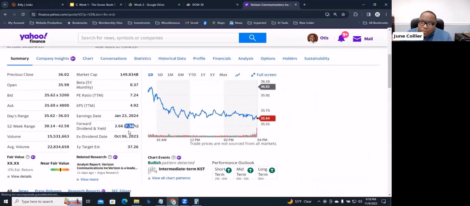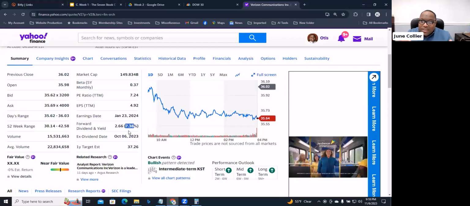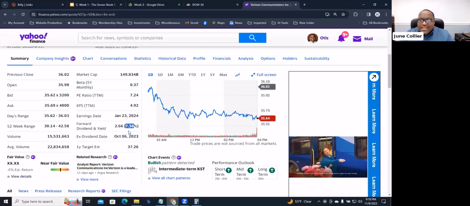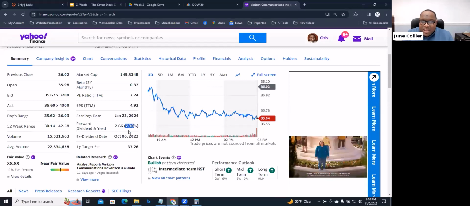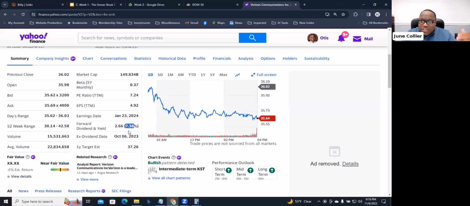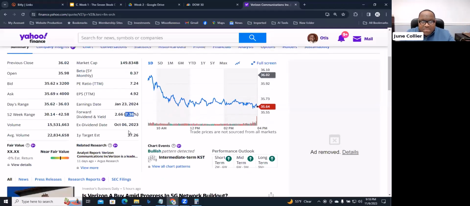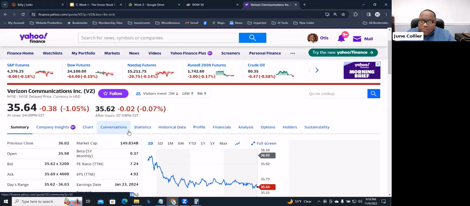Okay, so that's why it depends on your circumstance, because maybe you're in retirement and what you want is income that happens on a consistent basis that you can depend on, and you don't really care too much about the fluctuation of the stock, because Verizon is probably going to fluctuate $10 one side or the other, 25 to 45.